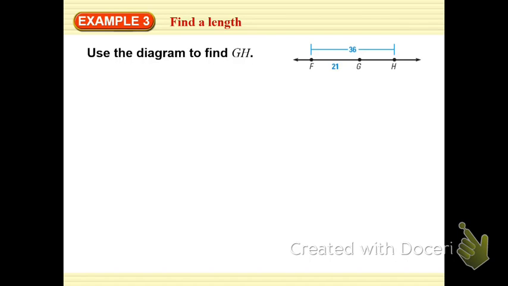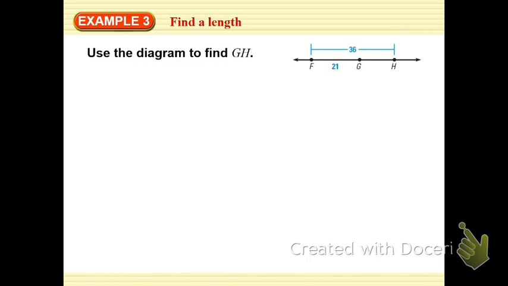Use the diagram to find GH. A little bit different here. How do you think I could find GH? Don't you subtract the 36? Yeah, we'd subtract, because we can set it up with the segment addition postulate.